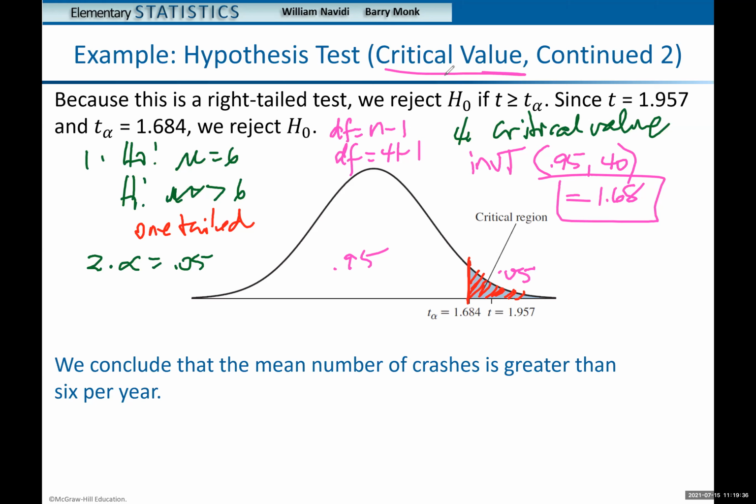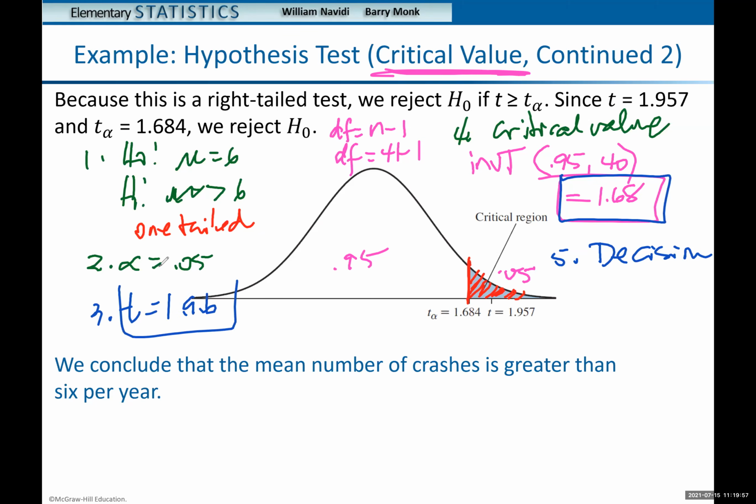If we are using the critical value method, then step number 5 is the decision. How do we write our decision? You compare the critical value and the t from step 3, t is equal to 1.96. You compare the critical value and 1.96. So where is your computed t? Is it within the shaded part or not?